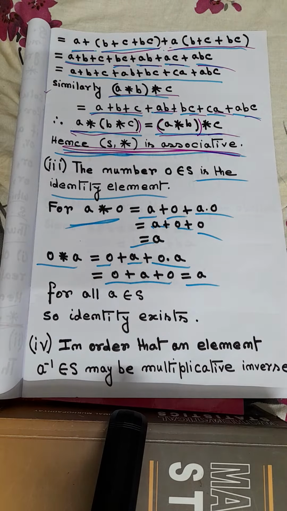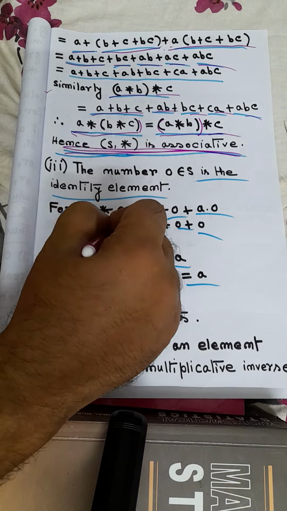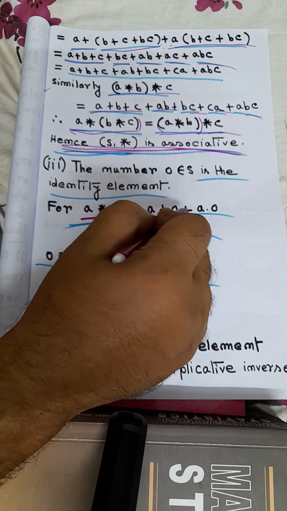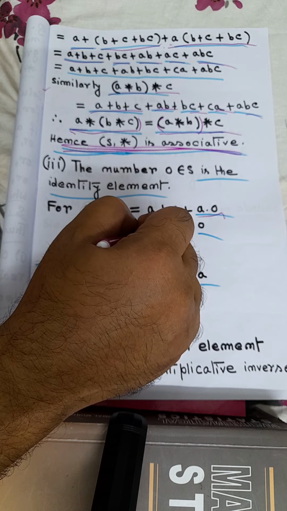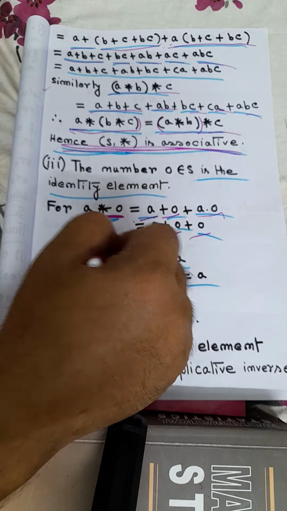Now what will be the identity element here? 0 will be the identity element here. Let's check that. If we do the binary operation of any element a with 0, what will we get? As per the definition of the binary operation, a plus 0 plus a into 0, from that we will get a plus 0 plus 0, that is a.